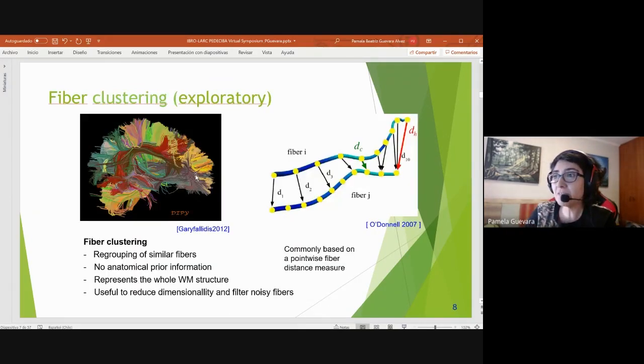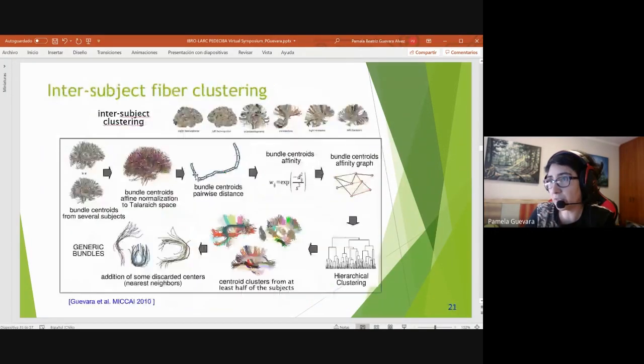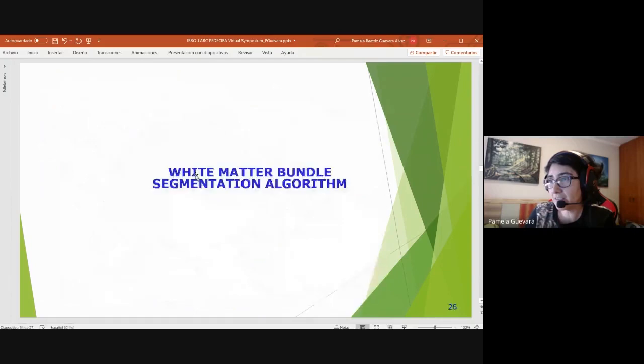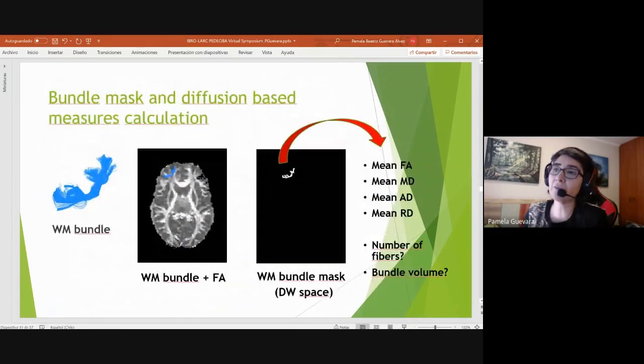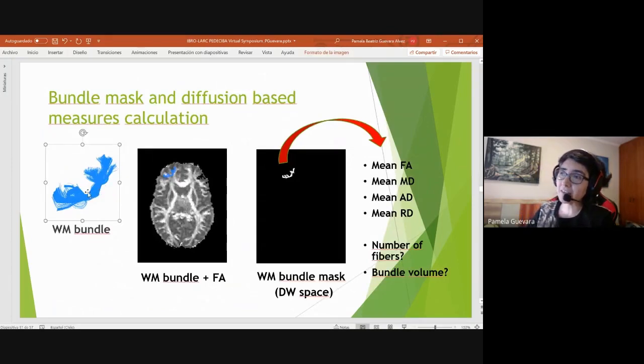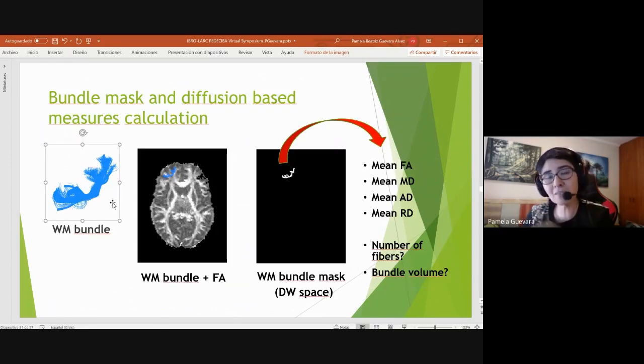Once you have segmented the bundles that I show here, for example this bundle, we can extract the FA information from the bundle. We extract the diffusion information that was calculated for the whole brain.